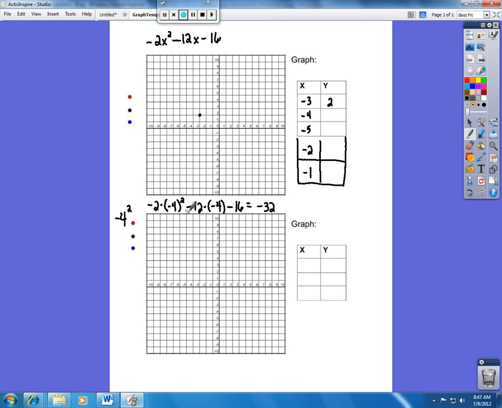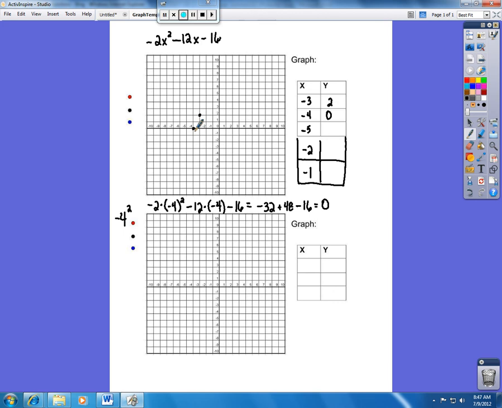And then we've got -12 times -4, that's 2 negatives, make it positive, so that would be plus 48. And then with the -16, if we work all this out, you would have -32 plus 48 minus 16, so this all ends up being 0. Okay. So I have another point at (-4, 0).